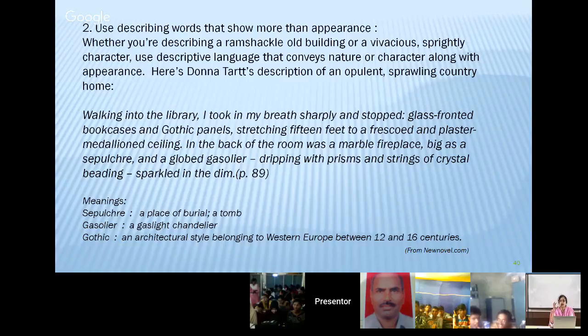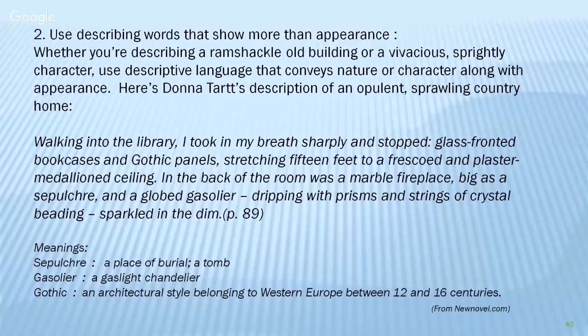In that dim light, because after all, a Petromax-type lamp doesn't give much light, not as much as our electric lights. So you can almost imagine walking into this old library and feeling what she felt. This is taken from newnovel.com.